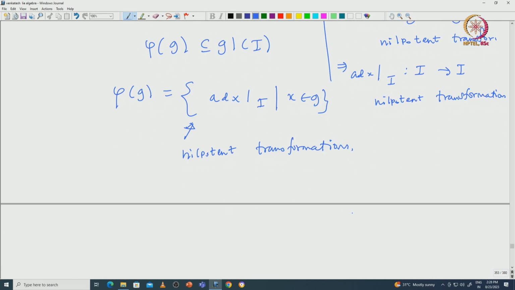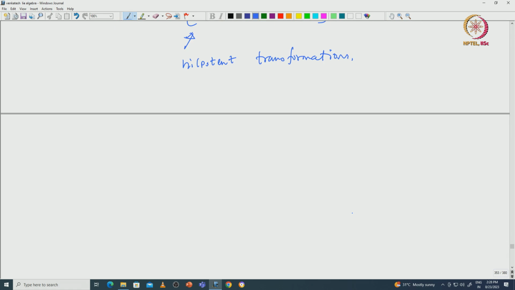So then using our Engel's first version, we can get a non-zero x in capital I such that x will be killed by this action of G. So G kills x. Okay.